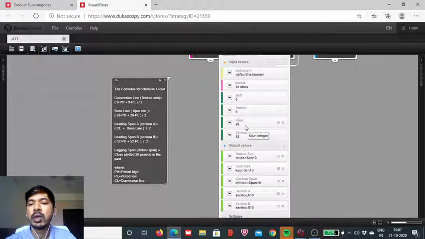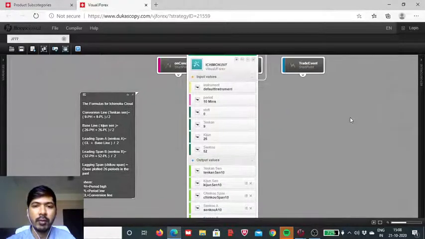For Kijun-sen we will be taking into consideration the 26 candles of 10 minutes each, and for the Senkou we will be considering the 52 candles of 10 minutes each. The lagging span, which is the Chikou span, is simply the current closing value, the value of the current closing candle, which will be plotted 26 periods back, and that's how this Chikou span is formed.